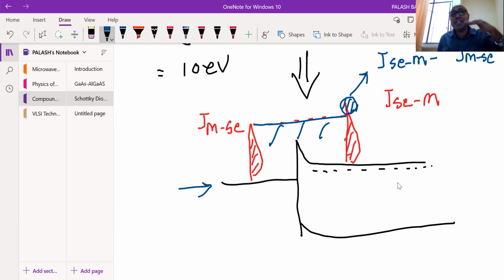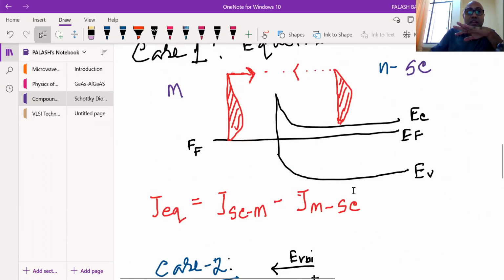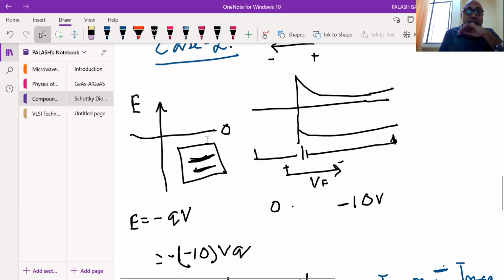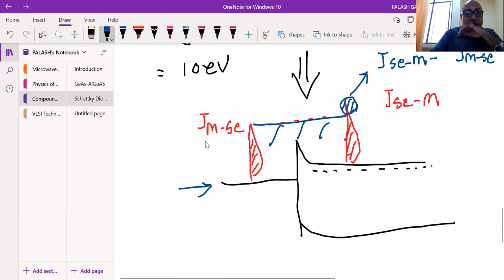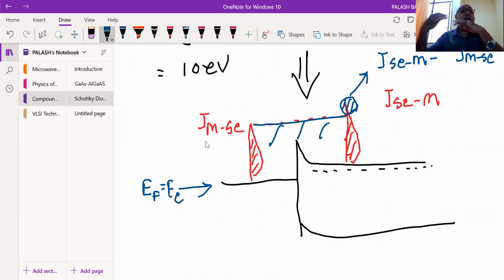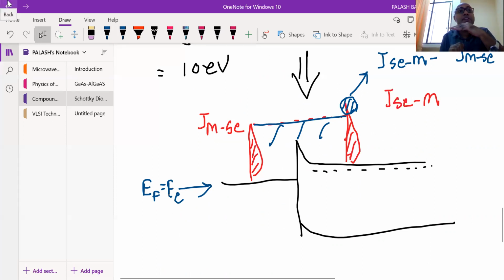What I'm trying to say in this process is that the EF side of the metal, or the EC side, we are not changing, because whatever change is happening is on the semiconductor side, and nothing is happening to the metal side.